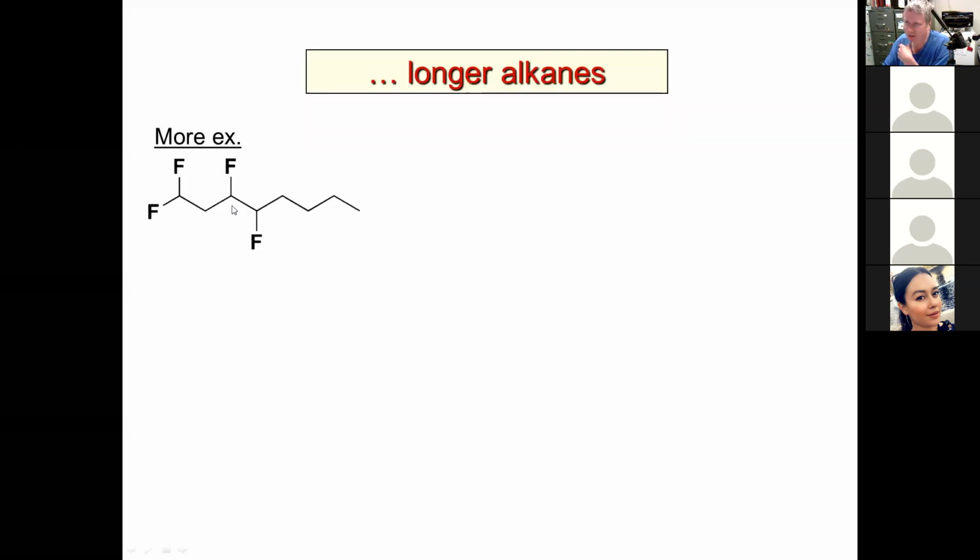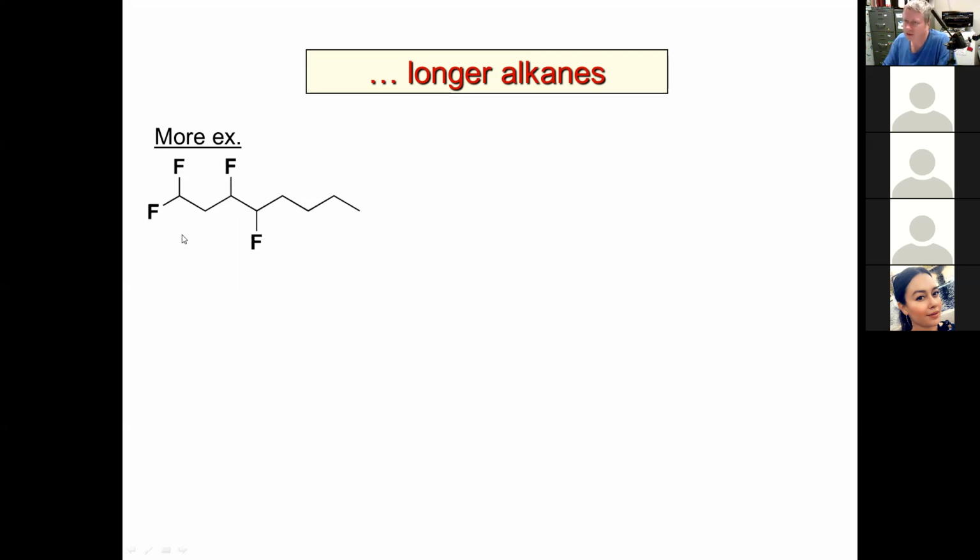Okay, how about this? Start with a long chain. How many carbons? 1, 2, 3, 4, 5, 6, 7, 8 is what? Octane, yeah. And what about when we have multiple fluorines? Well, it's not going to be like 1-fluoro, 1-fluoro, 3-fluoro, 4-fluoro. Organic chemists are efficient.